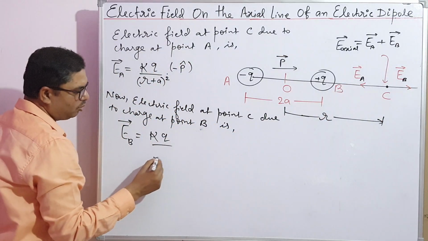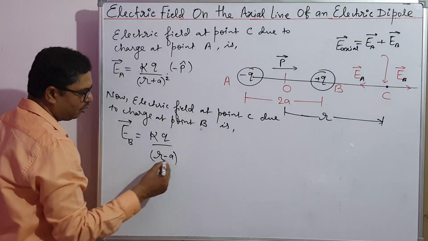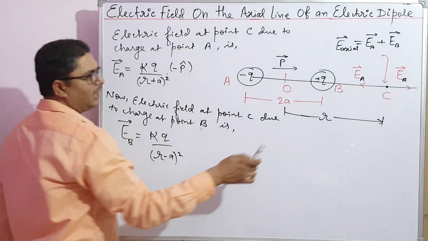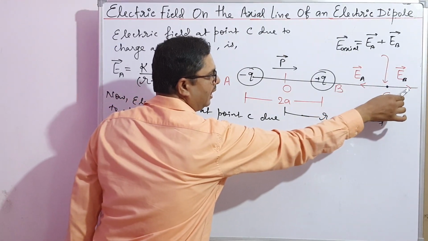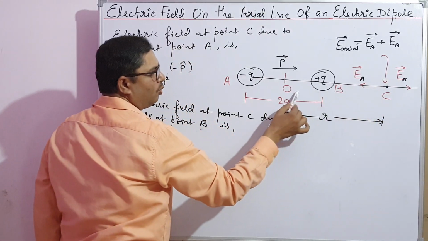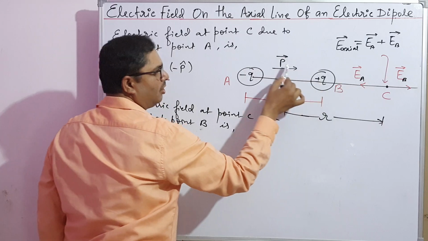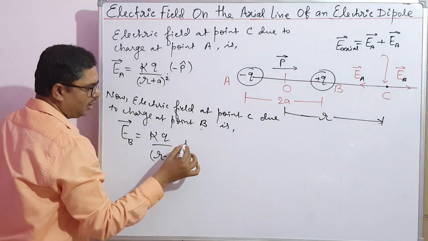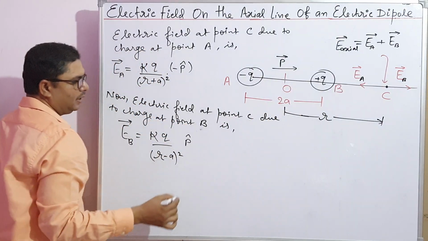So this is equal to R minus A whole square. And the direction of EB is O to C, and O to C direction is the direction of P also. So here you have P cap.